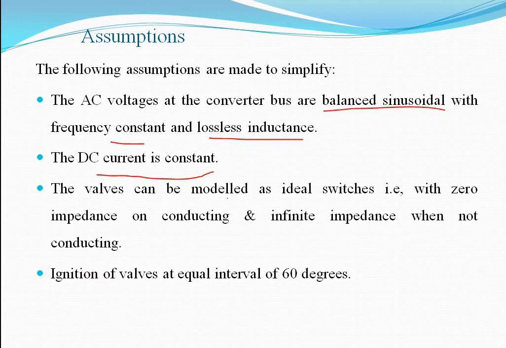The valves can be modeled as ideal switches with zero impedance when conducting, so there is no opposition, and infinite impedance when not conducting, so no current flows. And ignition of valves occurs at equal intervals of 60 degrees.